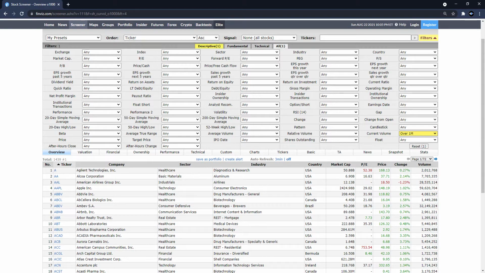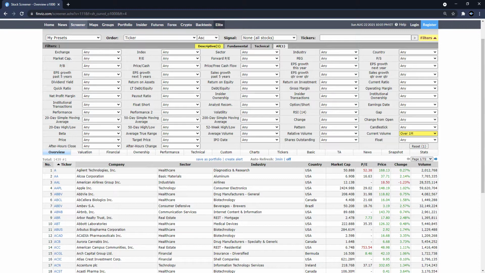The second thing that I look into is the 52-week high and low. What do I mean by that? Basically, I want it to be 70% or more above the low.